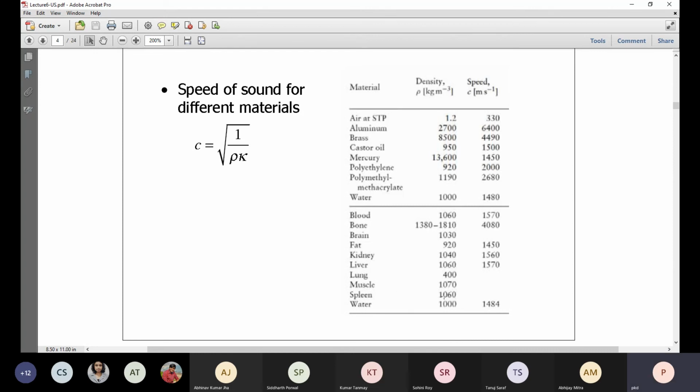So mostly the body density is around water, apart from lungs and bone. Bone density is of course higher. Similarly, the velocity is also higher in bone, and others are basically very close to water.